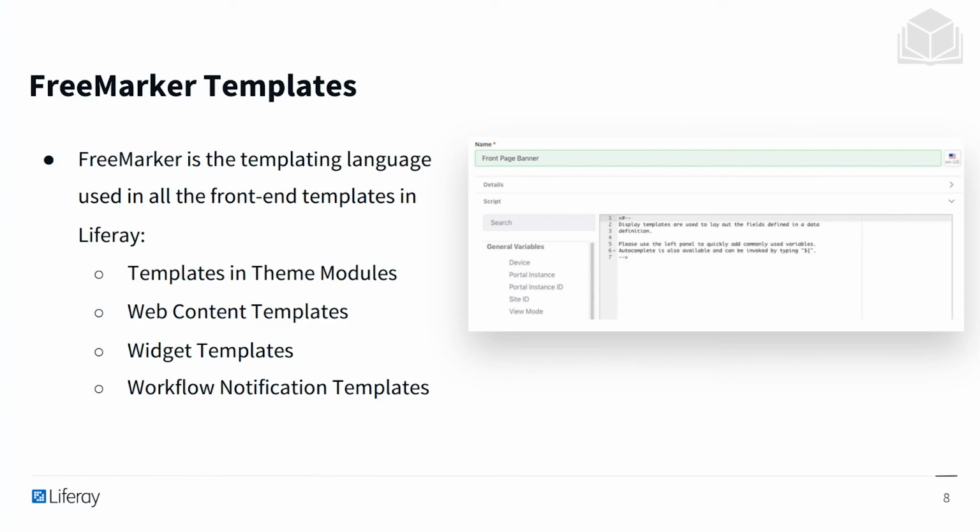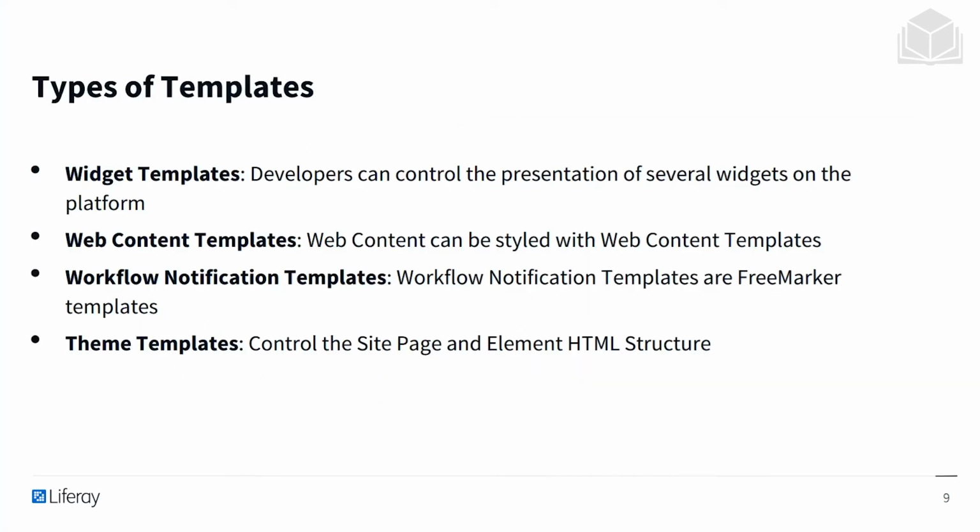FreeMarker is used in all the front-end templates in Liferay, and some places where they show up are theme modules, web content templates, widget templates, and workflow notification templates. And I'll go into this right now. There are the four kinds of templates that we just talked about. Widget templates are used to control the presentation of several widgets on the platform.